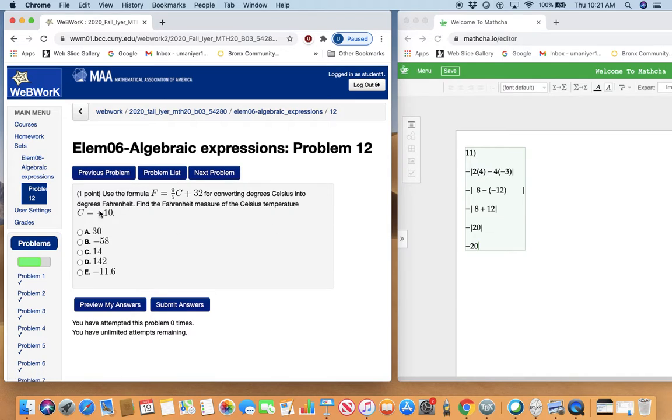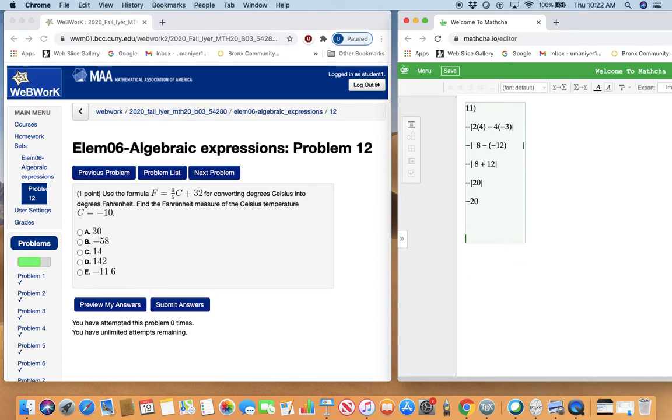Next. Similar question. Use the formula F equals 9/5 C plus 32 for converting Celsius into degrees Fahrenheit. Find the Fahrenheit measure when C is negative 10.